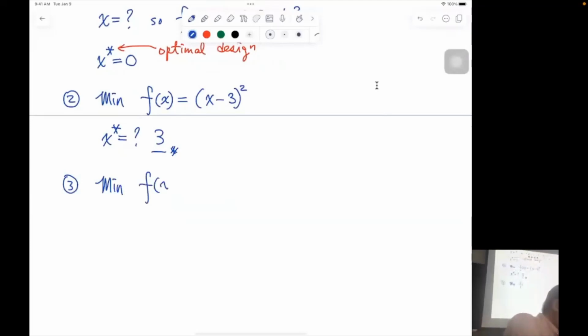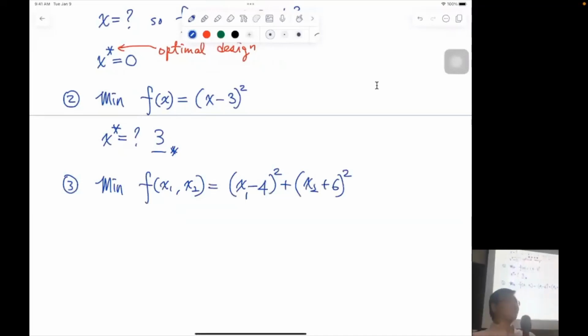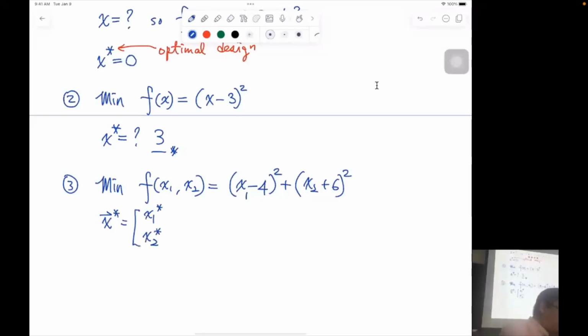Minimize f of x1 and x2 equals to (x1 minus 4) squared plus (x2 plus 6) squared. Also very simple. You can write it this way. Let me know, what's the answer? Yes, so easy.